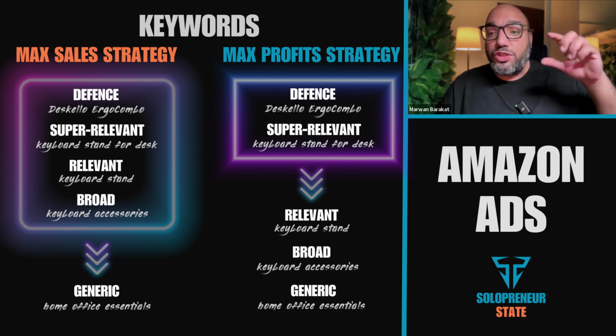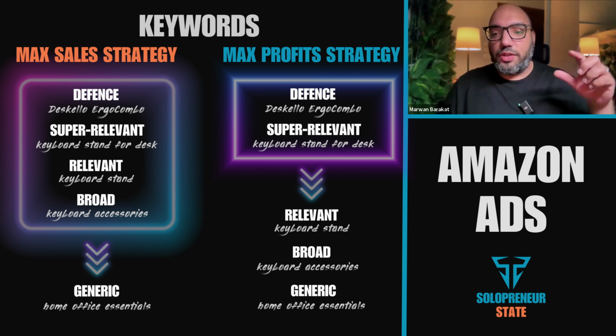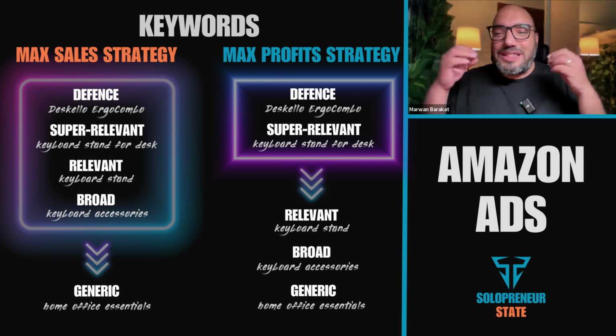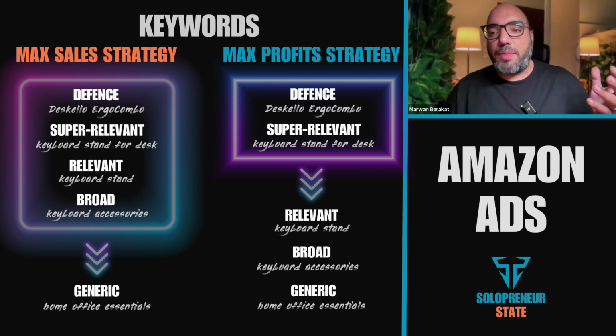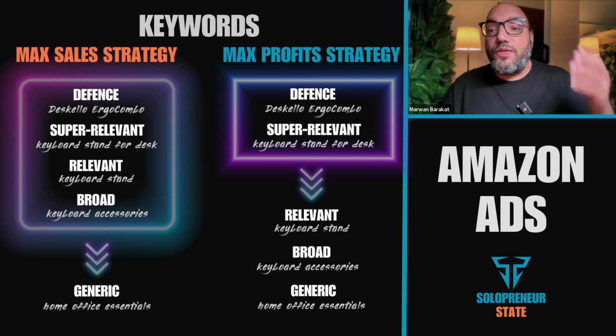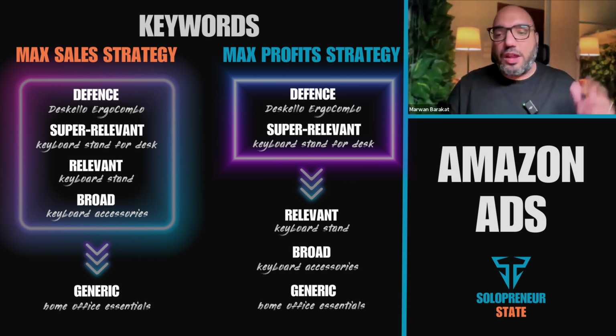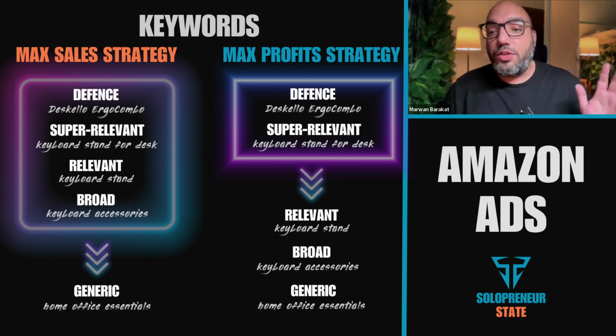So they search for Diskello Ergo Combo, but they still haven't seen my product on the first page yet. This is very dangerous. Now I'm losing sales from people specifically searching for my brand and my products. This is why we have defense campaigns, just to defend our own brand name and our own product name.